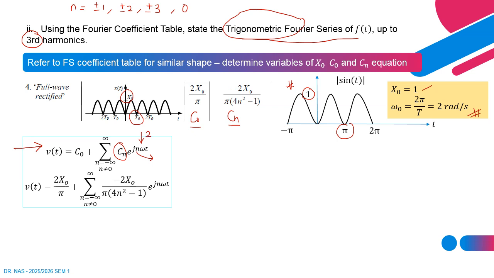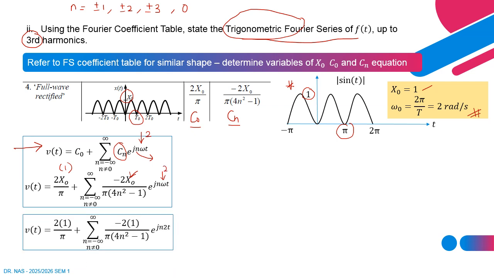In this case, C0 equal to 2x0 over pi, in which x0 equal to 1. And then replace this x0 as well, divided by pi (4n squared minus 1). In this case, your omega is 2. So replace the x0 and omega values.